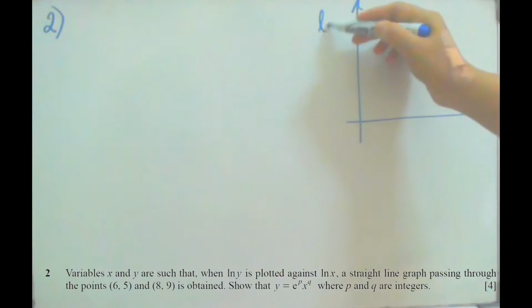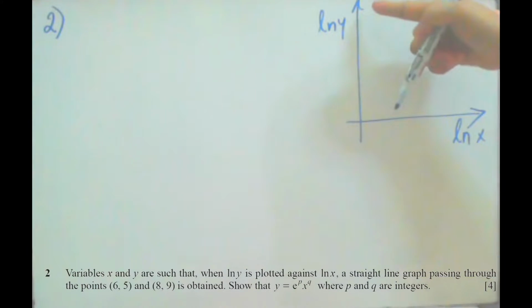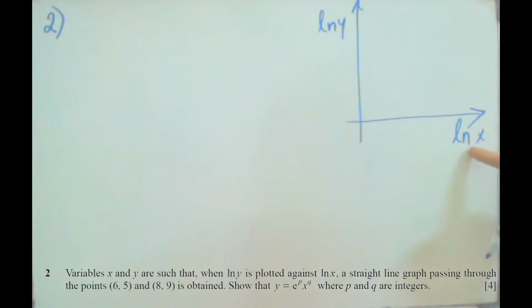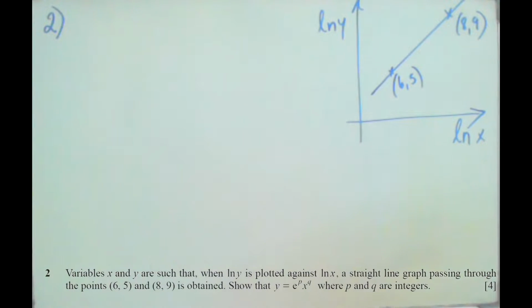Observe here on the y-axis we are plotting straight away ln y, not only y. Similarly on the x-axis ln x. So we get a straight line which is passing through (6, 5) and (8, 9). This much is given. We have to get an expression for y basically.